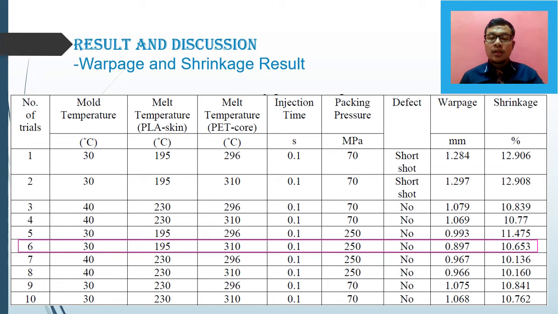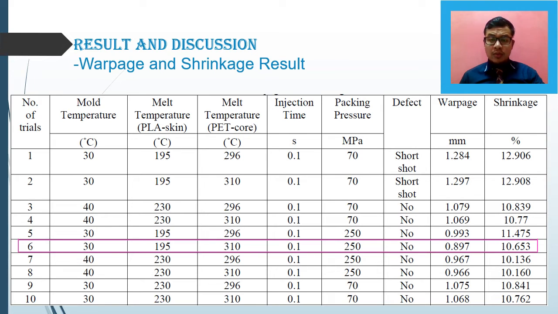Then the seventh trial has the least shrinkage, 10.136%, and warpage 0.967 mm, both results which are still minimal when compared to the second trial.